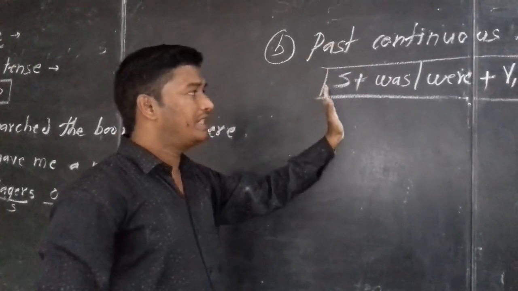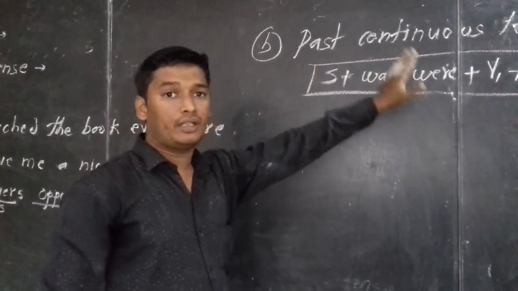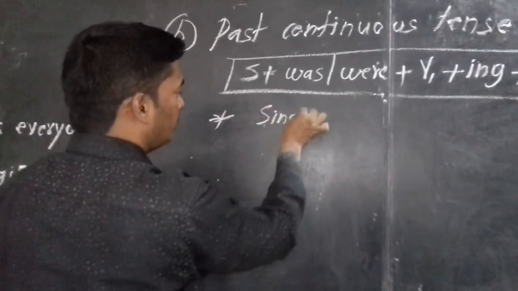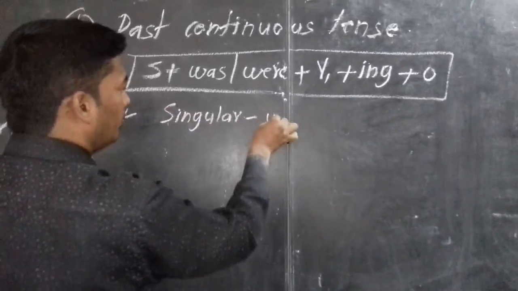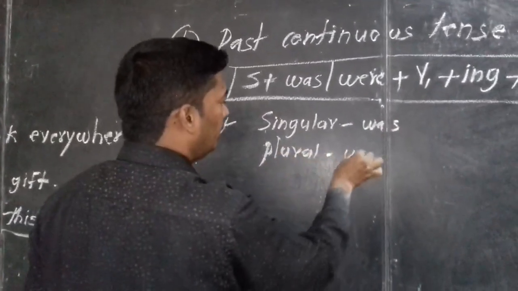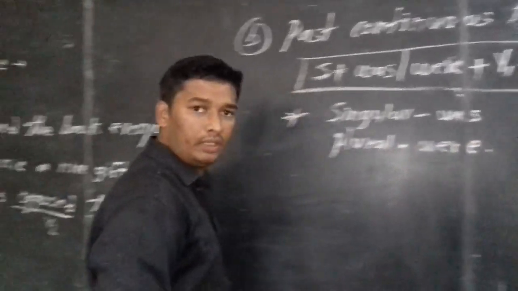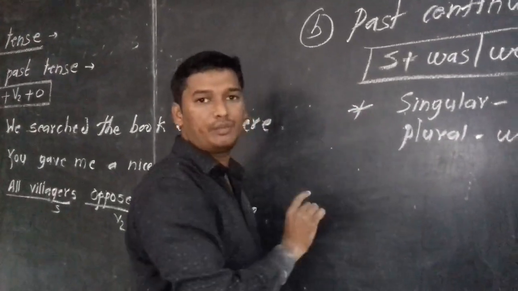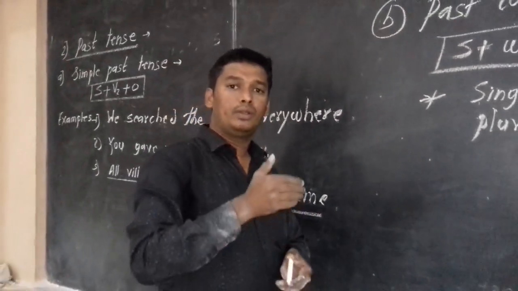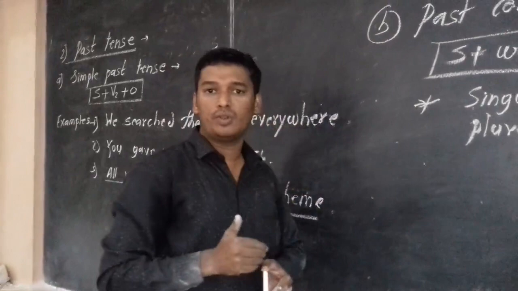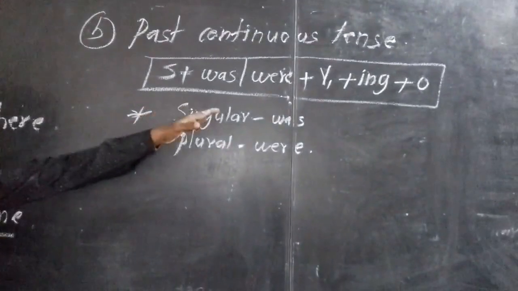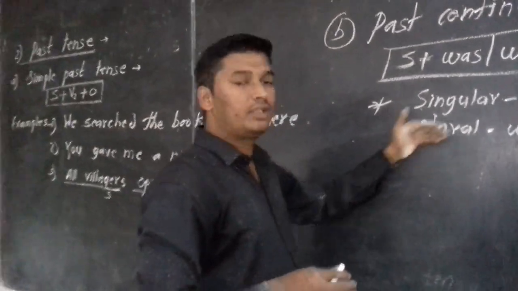If the subject is plural, then we take were. Okay, you should know, it is a very basic concept. Some students don't know when to use was and when to use were. If subject is singular, take was. If subject is plural, take were.